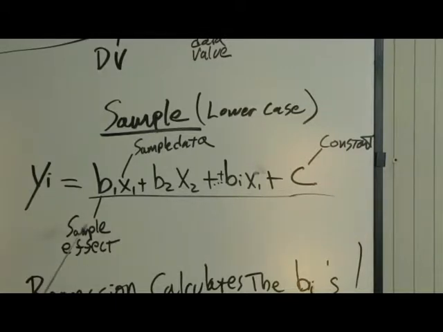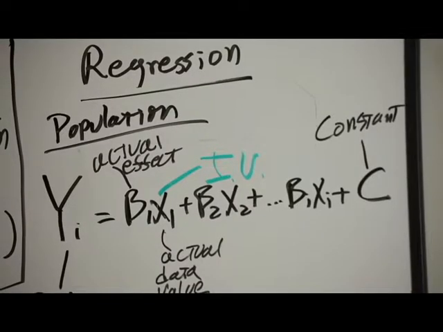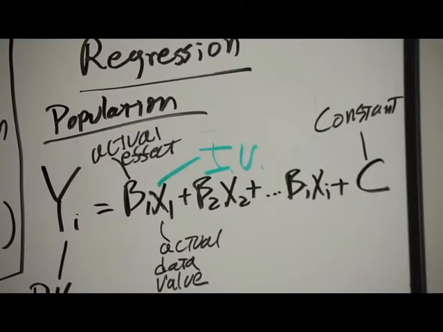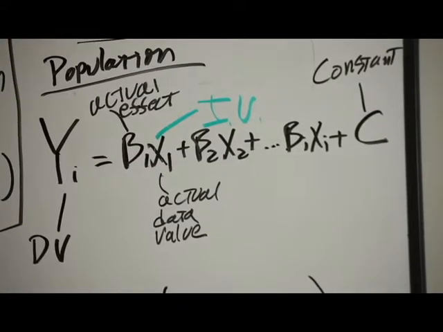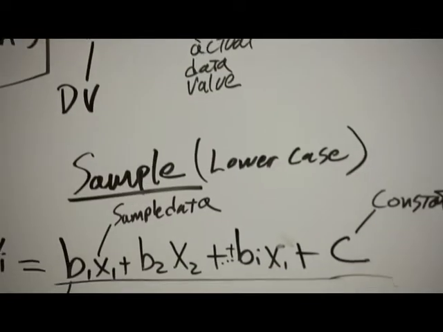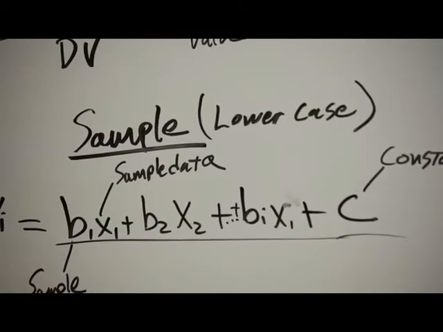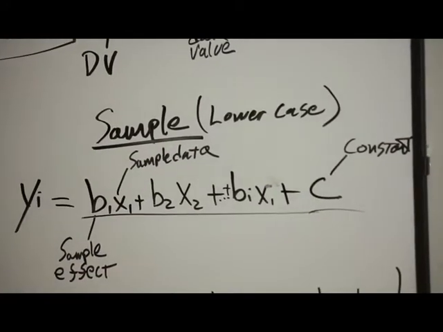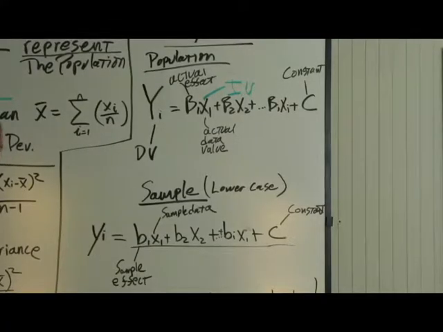And here what we've got is the sample effect on the independent variables that we measured. We actually measured these. Up here we didn't measure these because we can't, but those are the actual data values. We didn't measure the beta 1, which we really want to estimate, and we estimate it by b1. So beta 1 in the population corresponds to b1 in the sample.